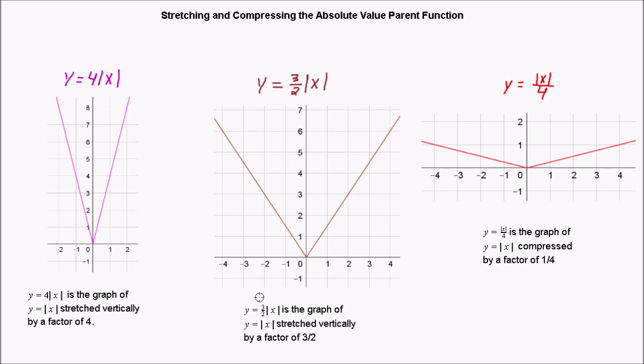Y equals 3/2 the absolute value of x is the graph of the parent function stretched vertically by a factor of 3/2. Special note here, notice that 3/2 is greater than 1, so this is a vertical stretch. And the final one, y equals absolute value of x divided by 4, is the graph of the parent function compressed by a factor of 1/4.